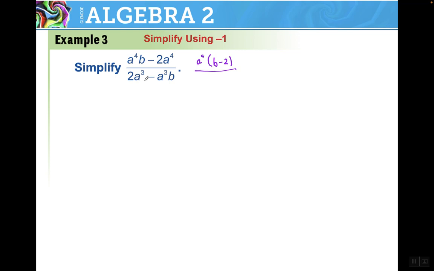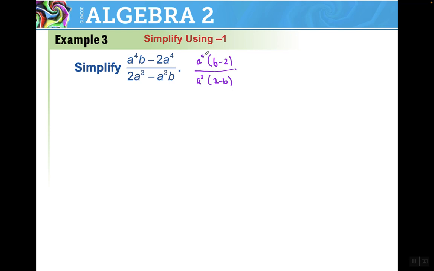On the denominator, I can take out a cubed. What's left is 2 minus b. If this is confusing, just remember, if you distributed this back together, you would get this in the end. So we're just factoring it, we're breaking it down.